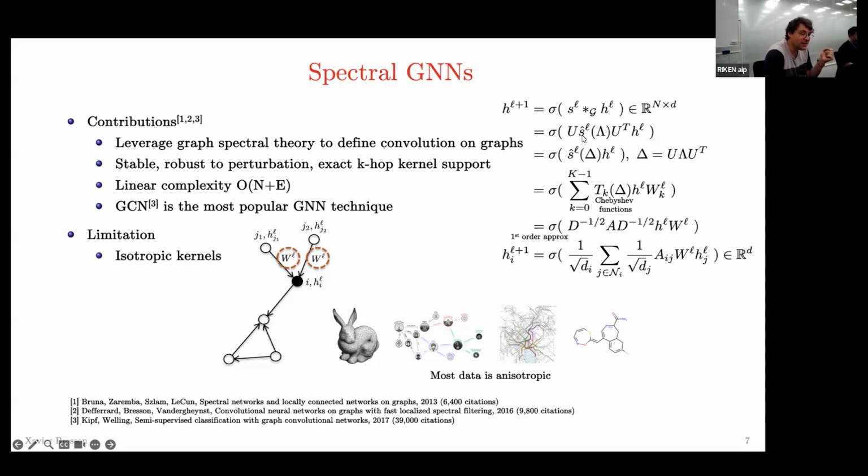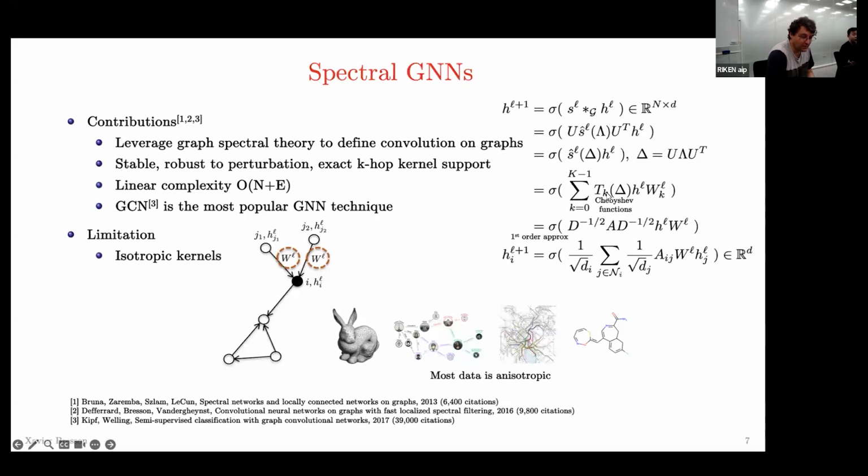Then you learn a spectral filter that is going to give you the best possible accuracy. This is learned by backpropagation. But at the end of the day, everything is done in the Fourier domain. It's still linear operations.